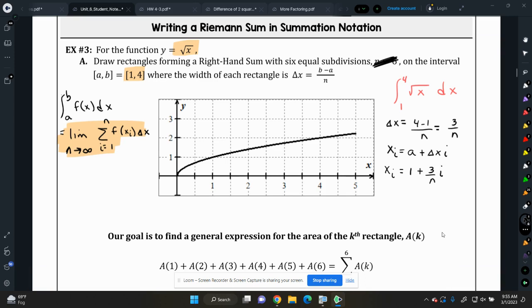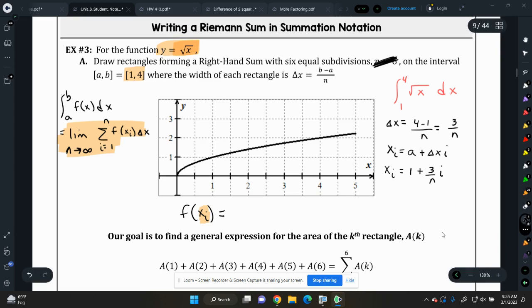Now, if I want to know f of x sub i, then every place I see an x in the original f of x equation up here, I put x sub i.